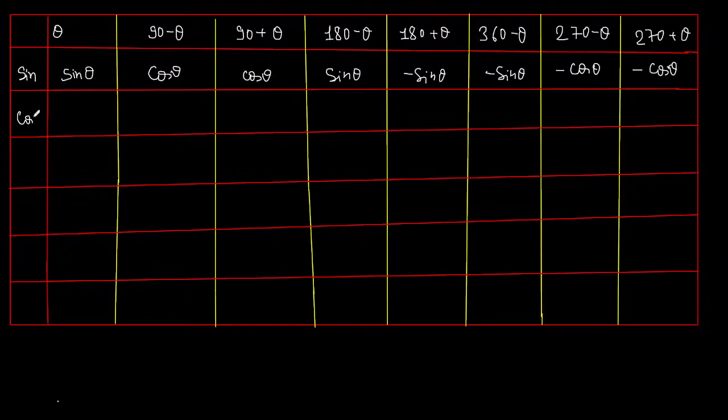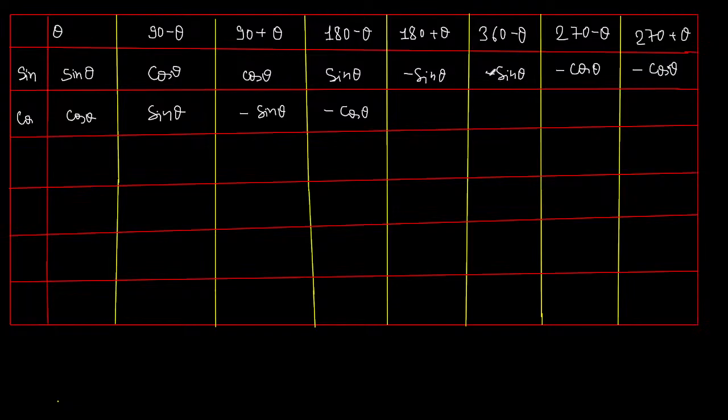Similarly, cos theta is cos theta. Cos 90 minus theta is sine theta, then minus sine theta, minus cos theta. If you see anything with 180 or 360, it has only the same thing, sine or cos, but the signs are different.